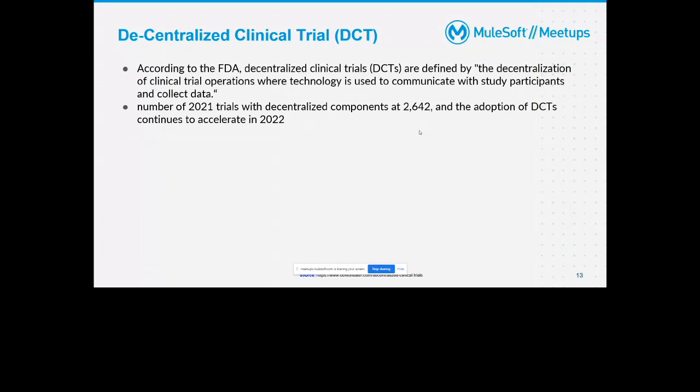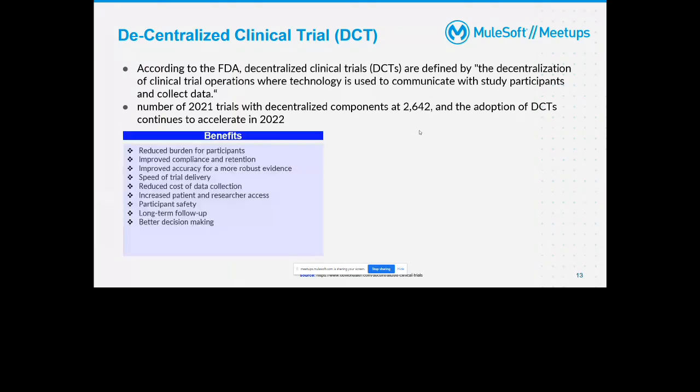From there, in real time the data will go to analytics or your data platform, and from there the researchers can analyze the data and make decisions. So no matter where you are, patients can be anywhere outside the trial facility, but still they will be connected.